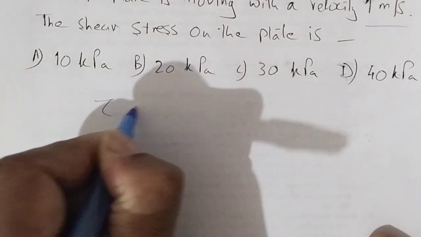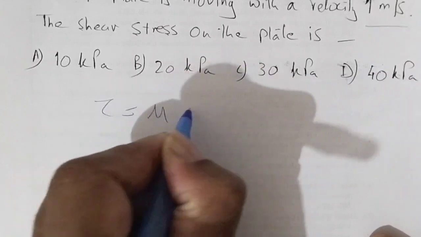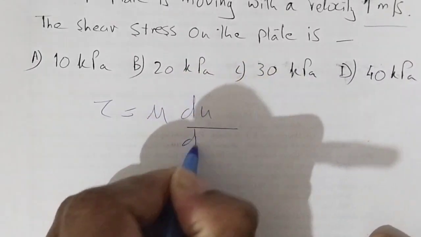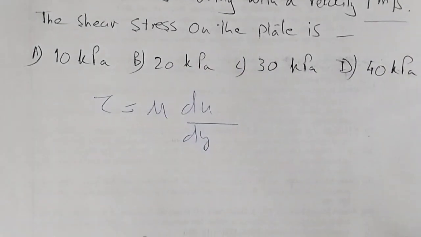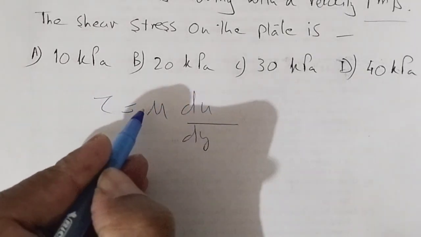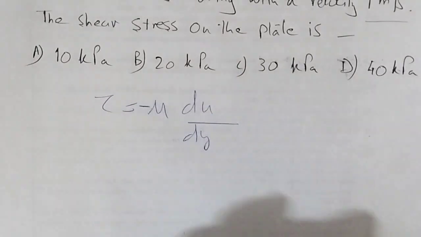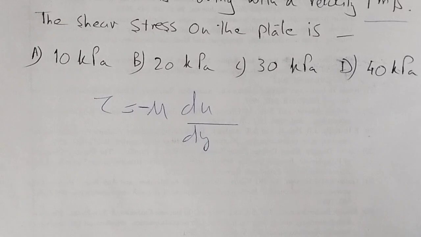So tau equal to mu into du by dy is Newton's law of viscosity. Obviously the sign is negative.